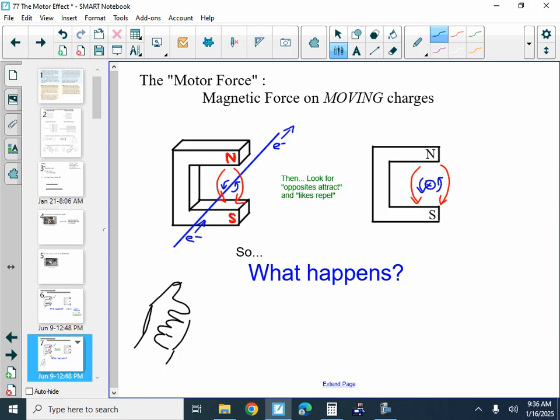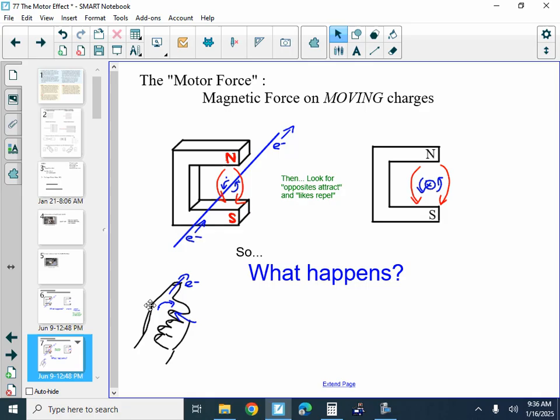I'm looking at my own hand to try and think of which way my fingernails point at least. So electron flow in this way, and then the magnetic north is wrapping this way, right? It's going up on the right and down behind, right? So that's this right here, those arrows there.